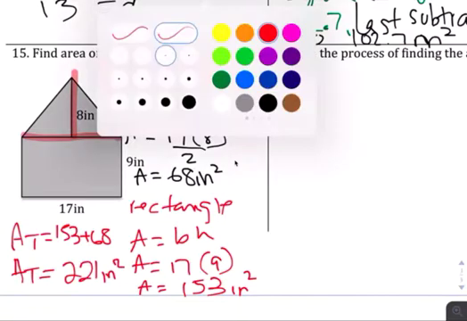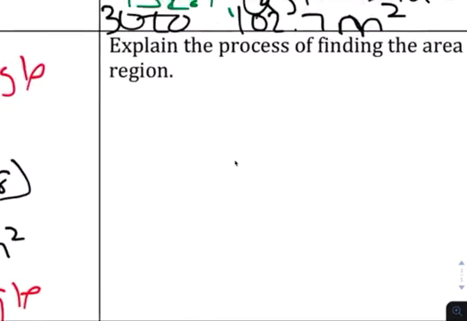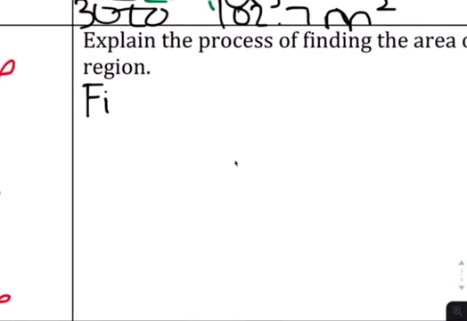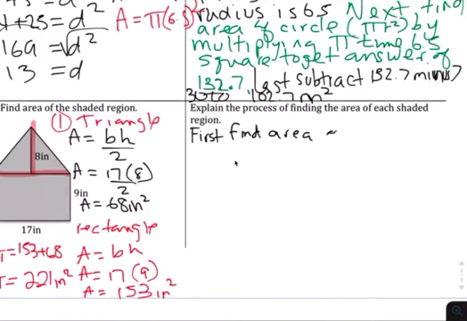First, find area of triangle by multiplying 17 times 8 divided by 2.